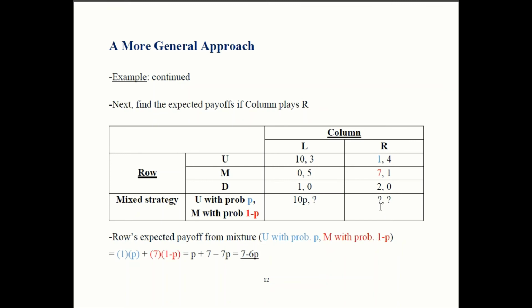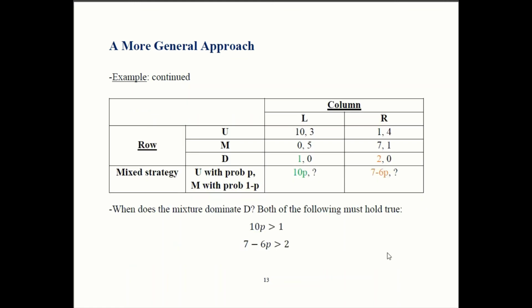So that's going to go over here in the table. So you just filled in that value over there. So you've got both of our expected values plugged in. The next step is to figure out if the mixture is going to dominate the pure strategy D. So once again, you don't need to know column's payoffs over here.